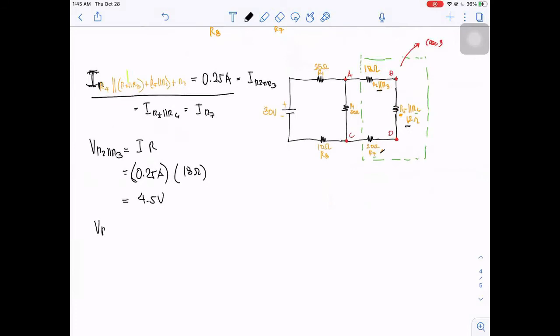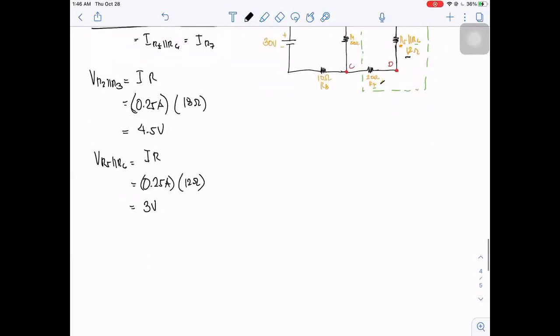For VR5 parallel R6, the same current that is flowing in this circuit. So we have 0.25 ampere multiplied by the equivalent resistance, that is 12 ohms, and this is equivalent to 3 volts. And for VR7, we have IR, that is 0.25 ampere multiplied by the 20 ohms resistance of R7, and that is equivalent to 5 volts.